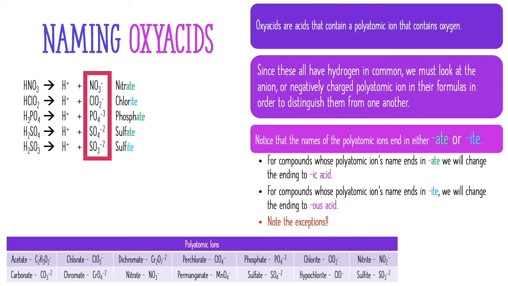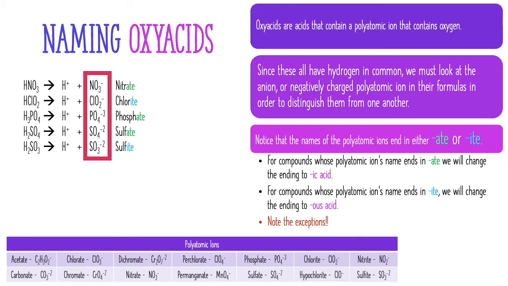And so we want to notice that the names of these polyatomic ions either end in ATE or ITE. And for compounds whose polyatomic ion name ends in ATE, we're going to change the ending to ic, and then we're going to add the word acid. So let's take a look at this first one right here.